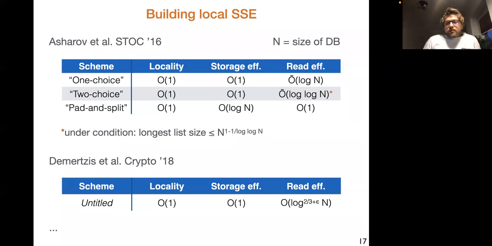So personally, I think the two-choice scheme is probably on a practical level the best bet, because usually your list sizes won't be too long, and the read efficiency in practice will still be quite good. So in short, we have solutions, and they are quite good, but they still have this minimal overhead, because you can't in fact get constant everywhere.